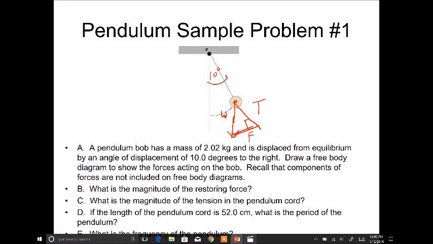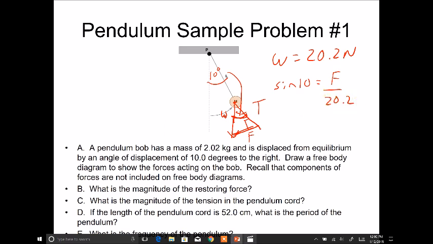We have the mass. So let's go 2.02 times 10 to get the weight. So the weight's going to be 20.2 newtons. And to find the restoring force, we're going to think of this as angle theta. It's the same as this angle. So to find that restoring force, we're going to say the sine of that angle, the sine of 10, is equal to the restoring force, the opposite side, over the hypotenuse, which is the weight.